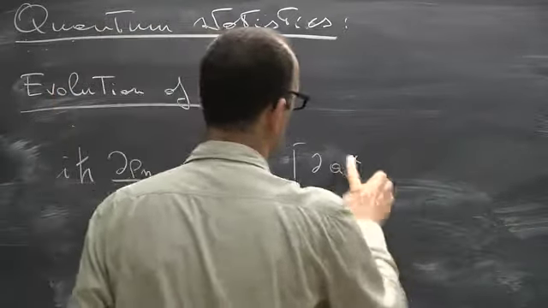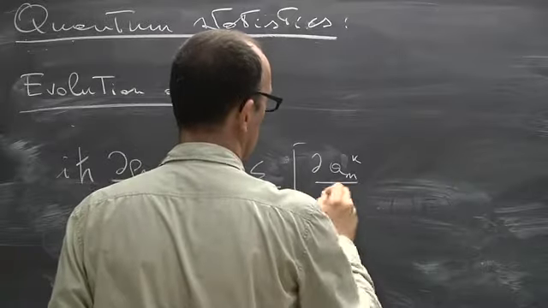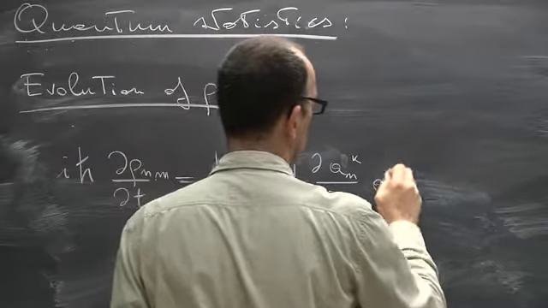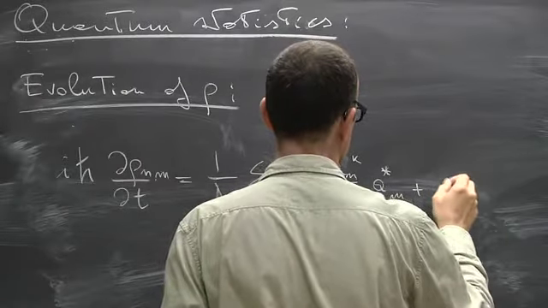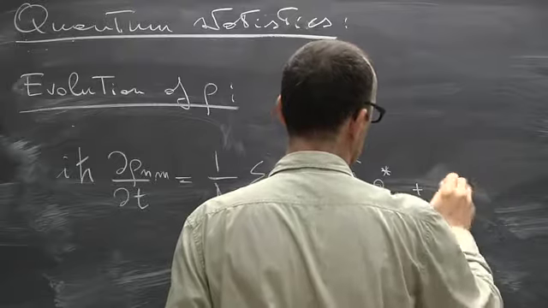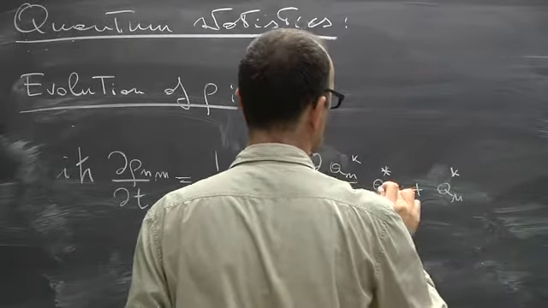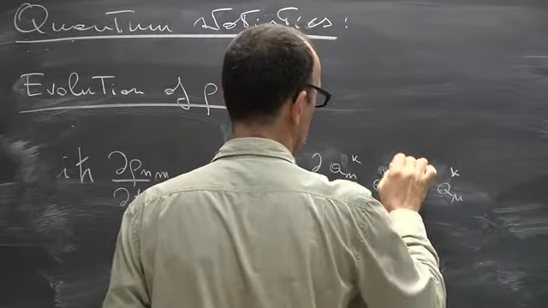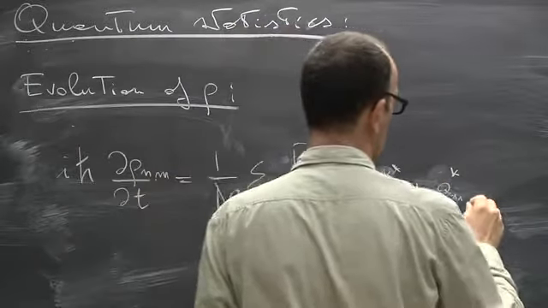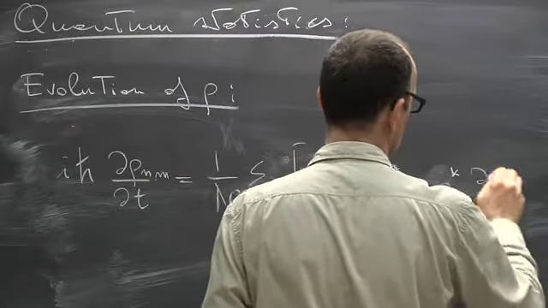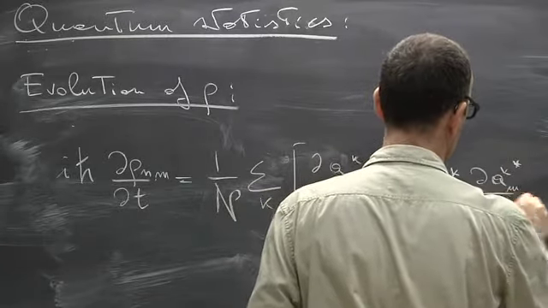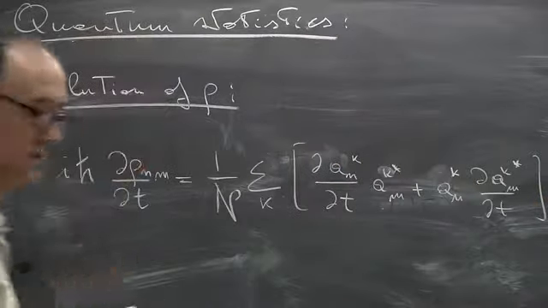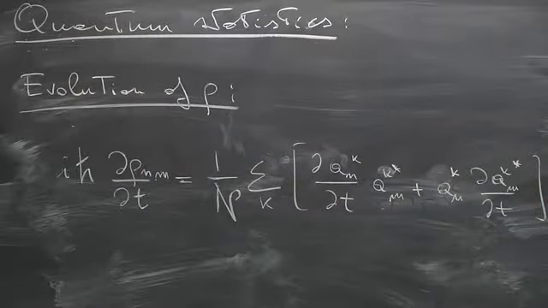d dt times a star m k, plus a n k times d a m k star dt. I'm just taking the time derivative of the two parts.